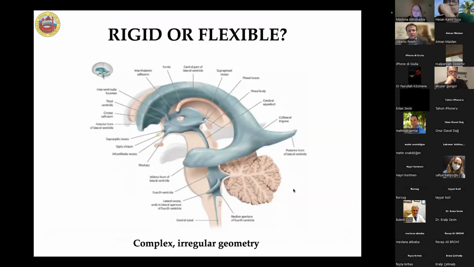So what to use in the ventricles, a rigid or a flexible endoscope? As I said, as long as you are staying in the lateral ventricles and in the anterior part of the third ventricle, it's basically the surgeon's choice what kind of endoscope to use.